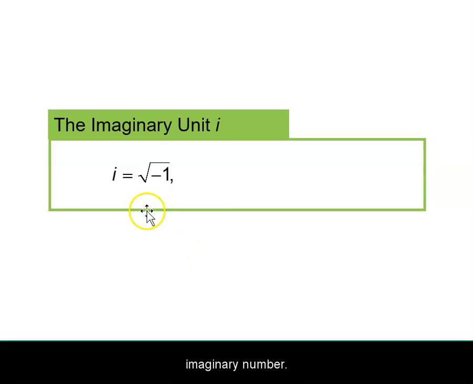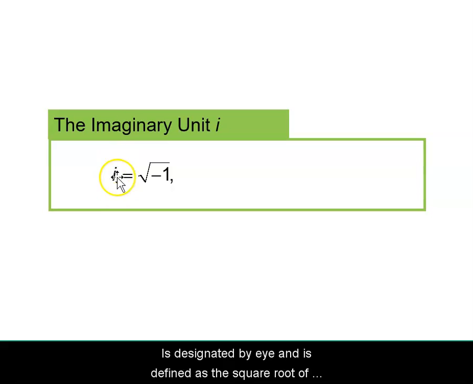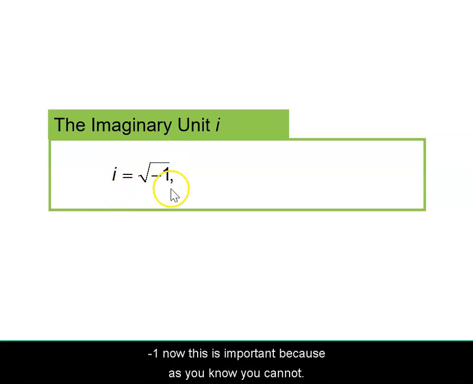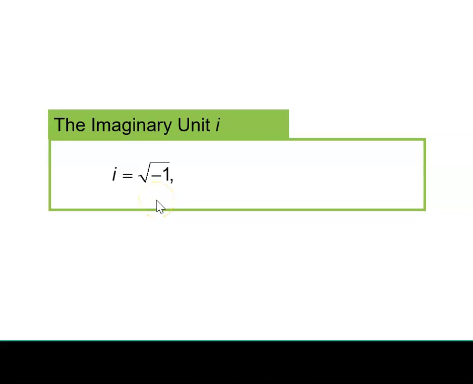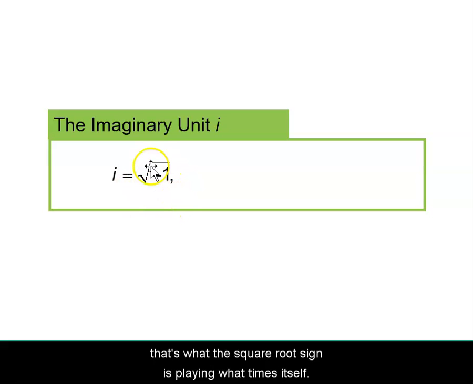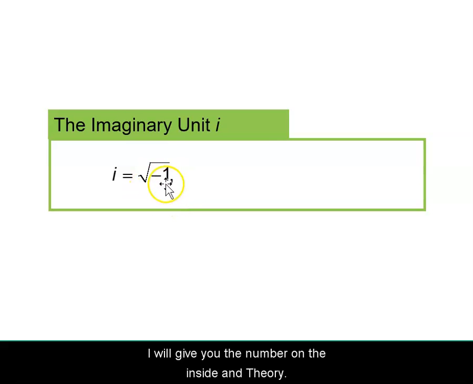So an imaginary number is designated by i and is defined as the square root of -1. Now this is important because, as you know, you cannot multiply something by itself and get out a negative, right? That's what the square root sign is. It's saying what times itself will give you the number on the inside.